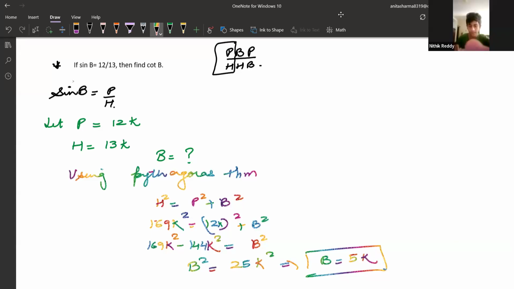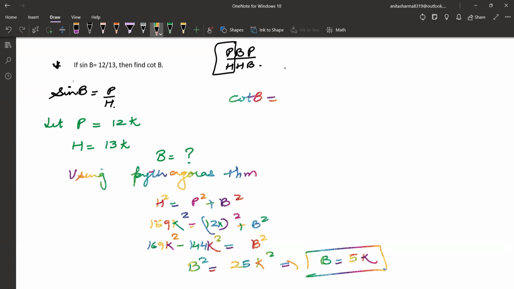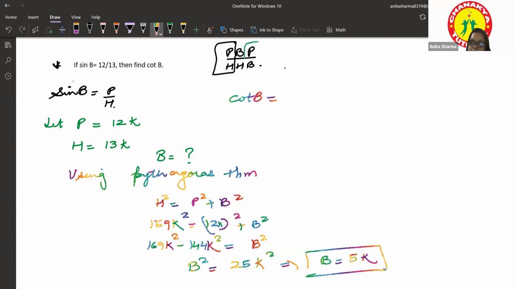Cot B is the reciprocal of tan, right, beta? Nitik? Try, at least you can try, beta.